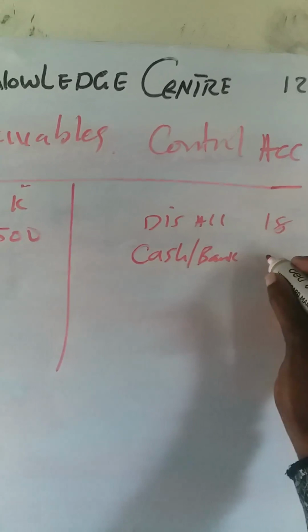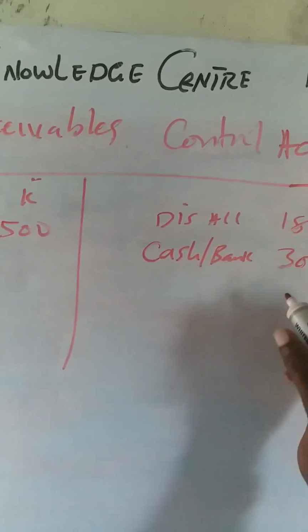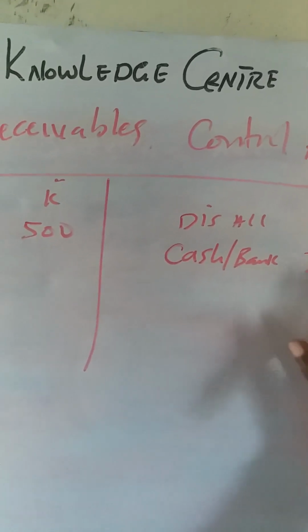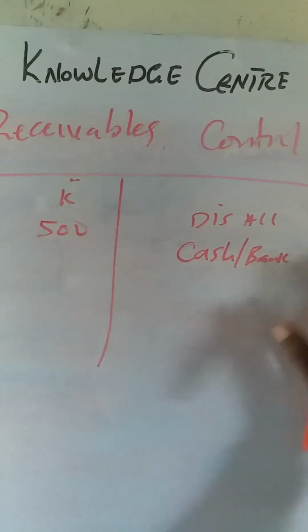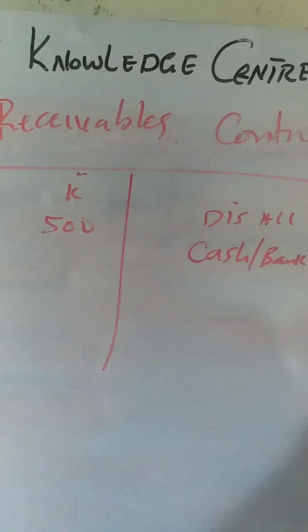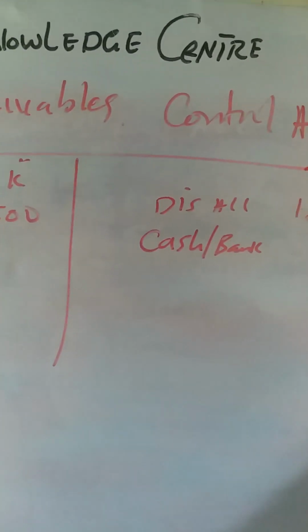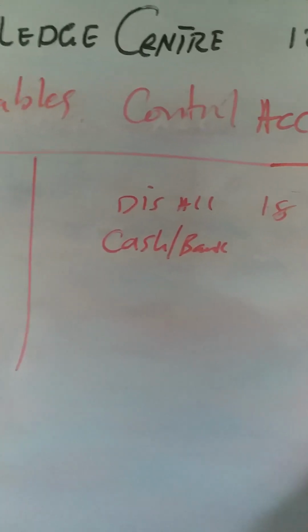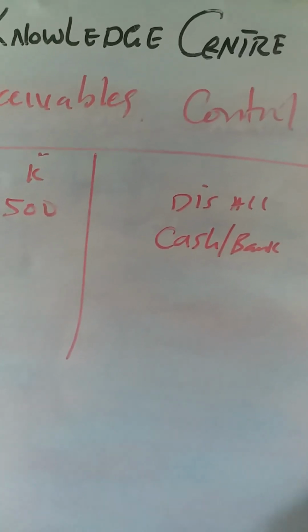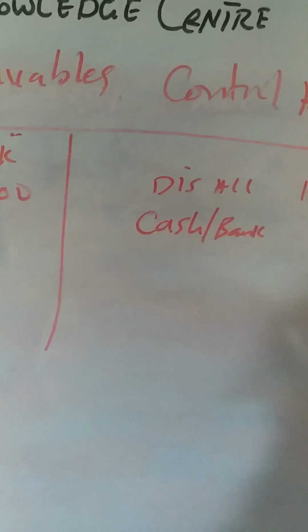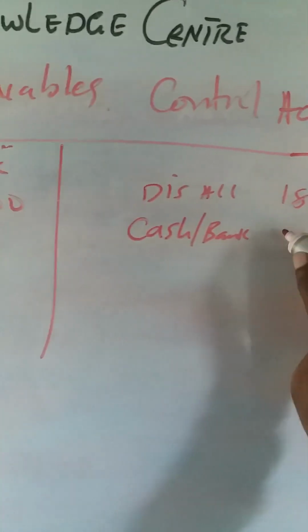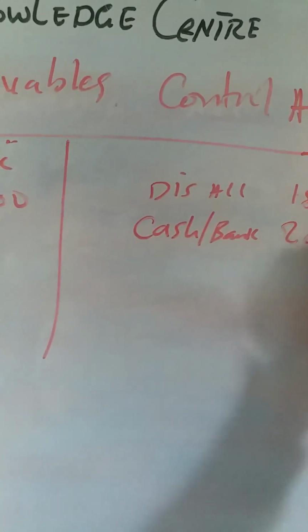So we received 300 kwacha minus 18. That's the amount that we received. We received 282 in cash.